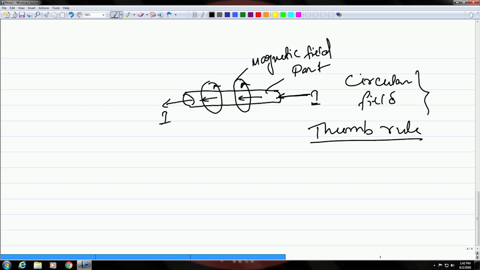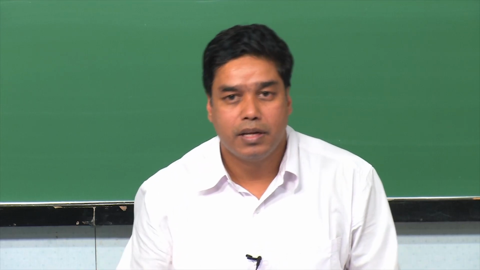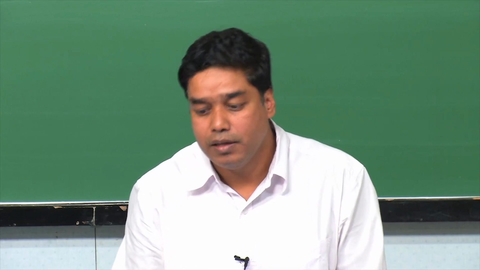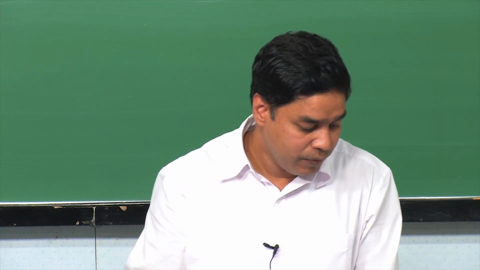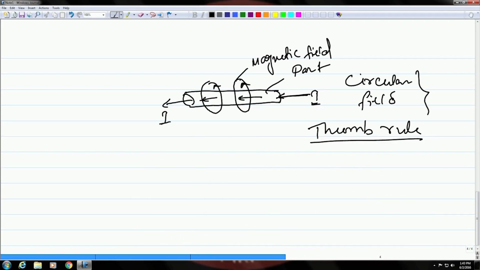Okay. So, this is how you use a contact method. You connect this part between two electrodes and you pass the current, it will create a circular magnetic field which will magnetize the part.